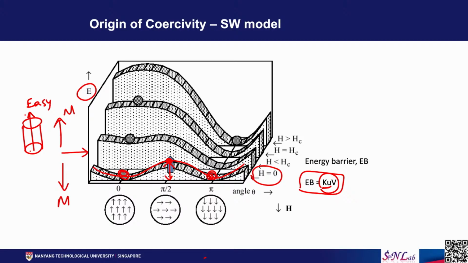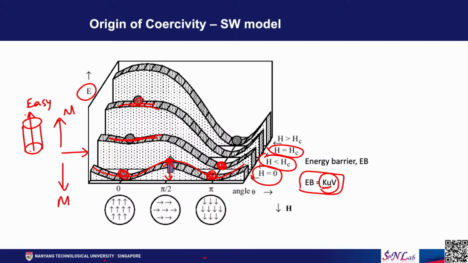Okay, now, let us say you apply some magnetic field, you increase the magnetic field. So, when it is close to the coercivity, you can see the energy landscape has changed. This direction, this one has the lowest energy, and this is an excited state. And once you reach a field closer to the coercivity, there is no energy minima here.